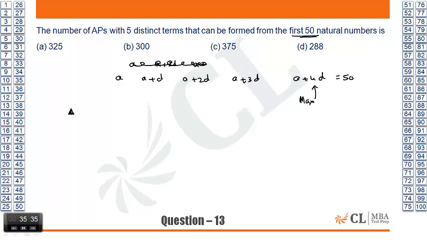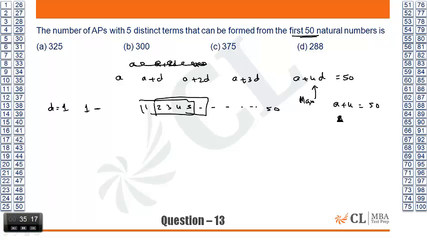Now when D equals 1, it can be 1, 2, 3, 4, 5, or 2, 3, 4, 5, 6, and so on and so forth up till 50. So A can take values starting from 1 till the maximum, where A plus 4 equals 50, so A equals 46. So there are 46 numbers here when D equals 1.